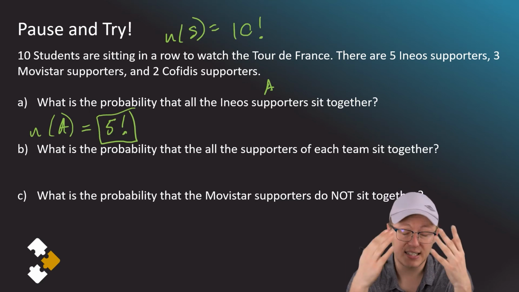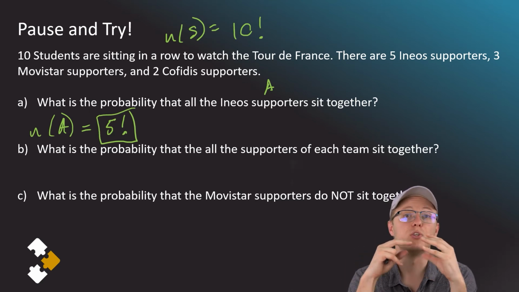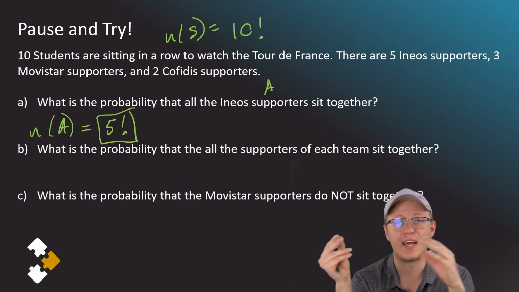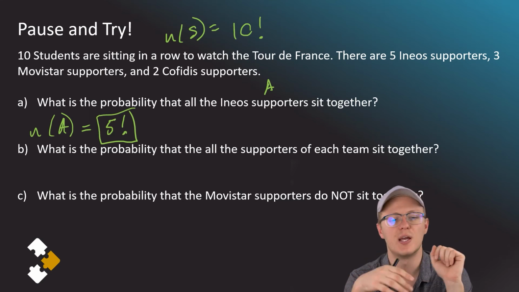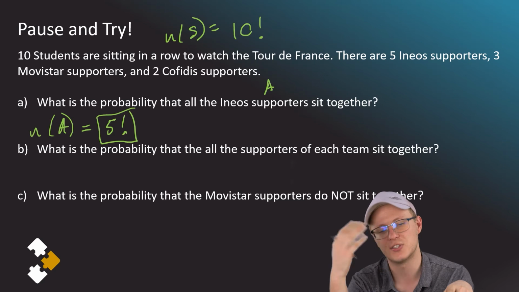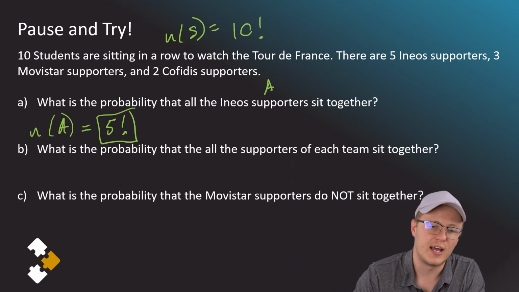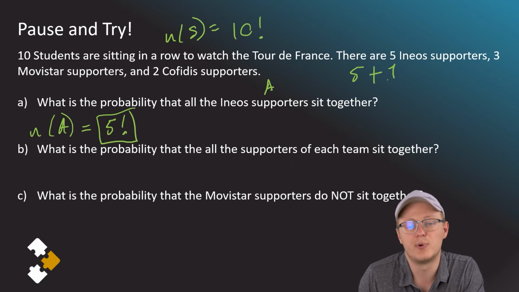Then we take a step back and consider that group of Ineos supporters to be just one of the objects that can be arranged. So we can have a Cofidis supporter, then the Ineos group, and then another Cofidis, and maybe then the rest of the Movistars. Or we can put the Ineos at the end, or however it goes. So now we've got the other 5 people left, plus the group of Ineos supporters.